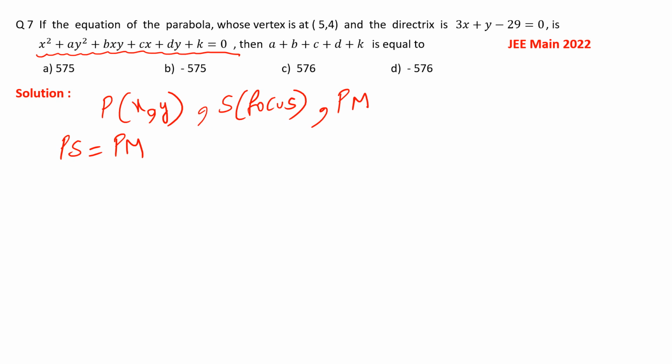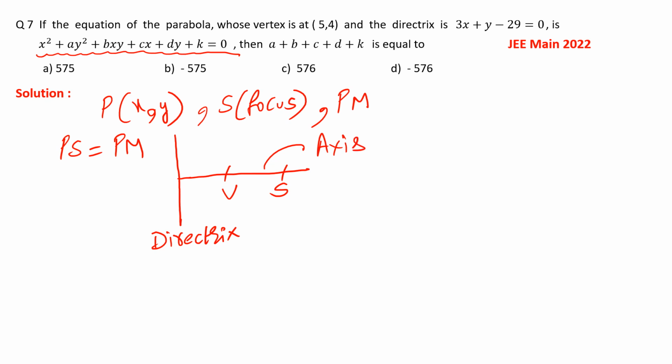For this purpose, I am using a basic property of parabola, and that is the line joining vertex and focus is always perpendicular to the directrix of the parabola. And this line is called the axis of the parabola.